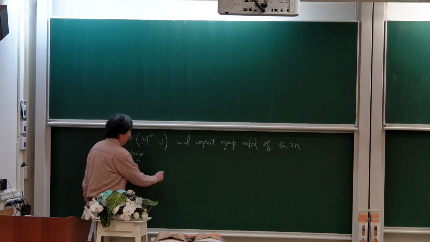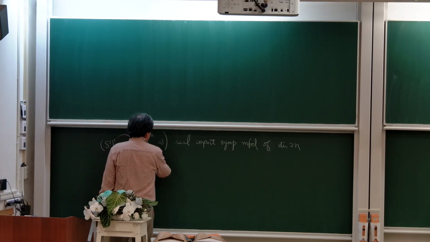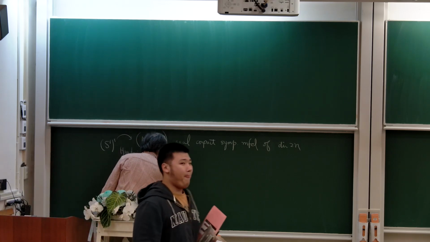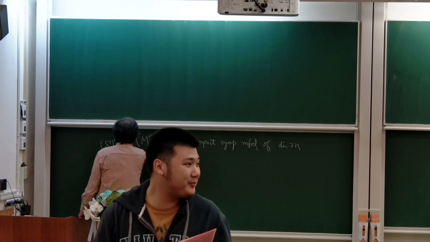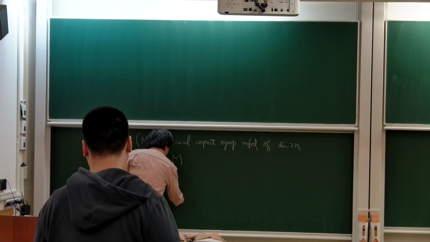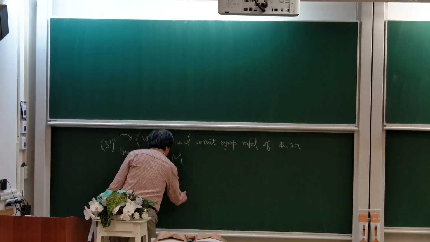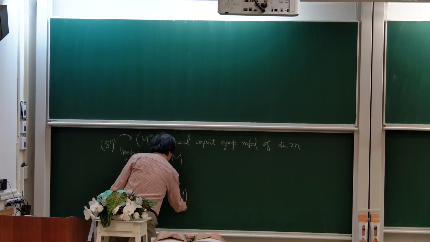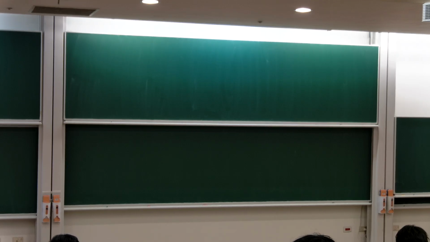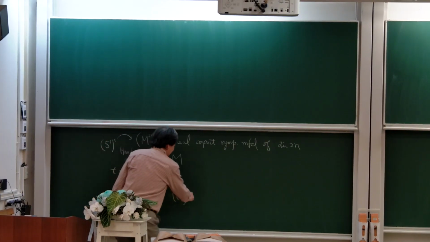Then you get the moment map, say M to the dual space of the Lie algebra of this torus. Here t is the Lie algebra, and this is nothing but R^n.